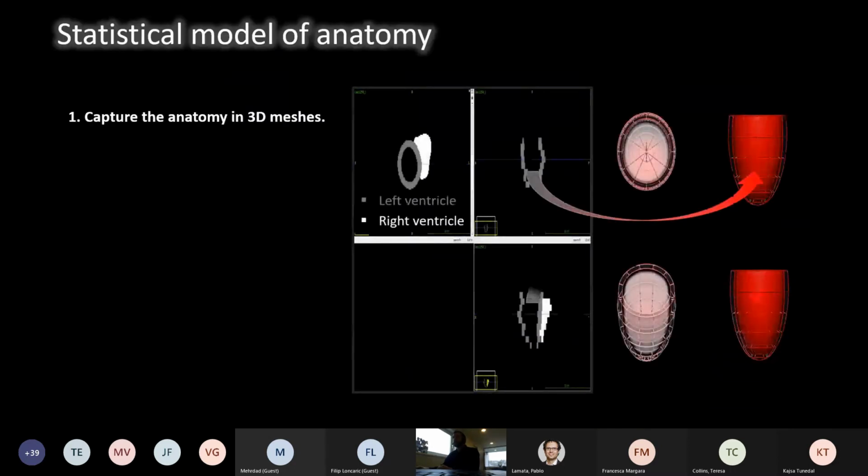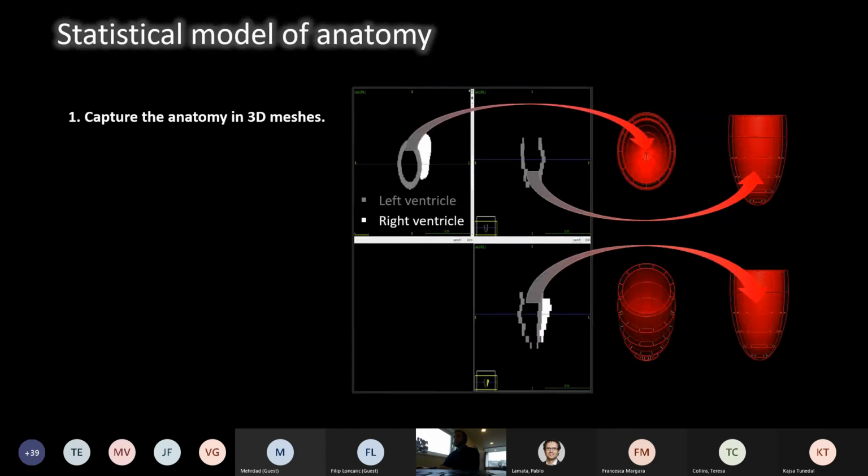All right, so to build the statistical model of the anatomy, we first have to capture the anatomy that's available through the images. To do that, the left and right ventricle are segmented from apex to base in the short axis images. And then the common template is aligned and tailored to those segmentations.